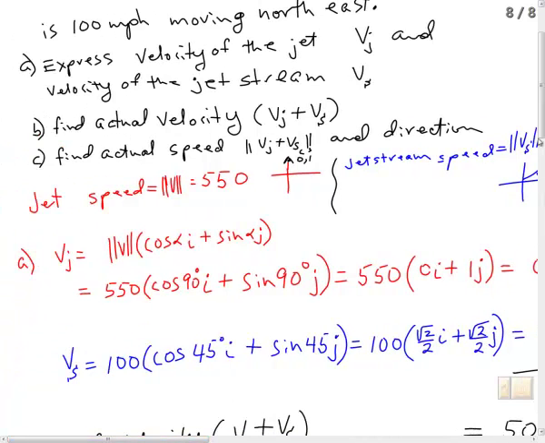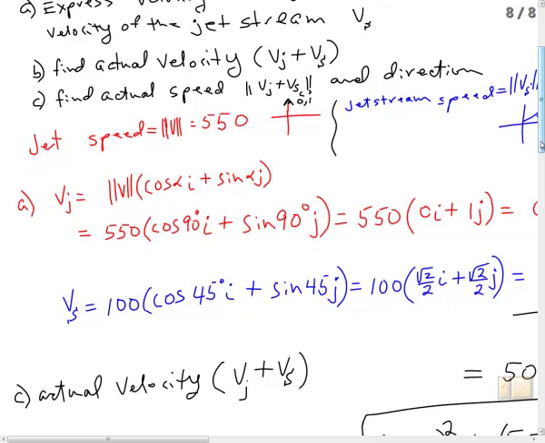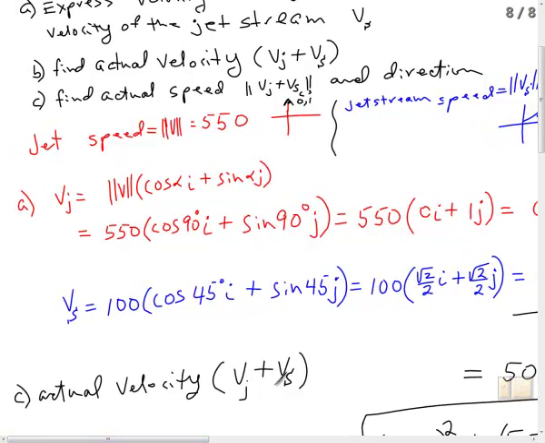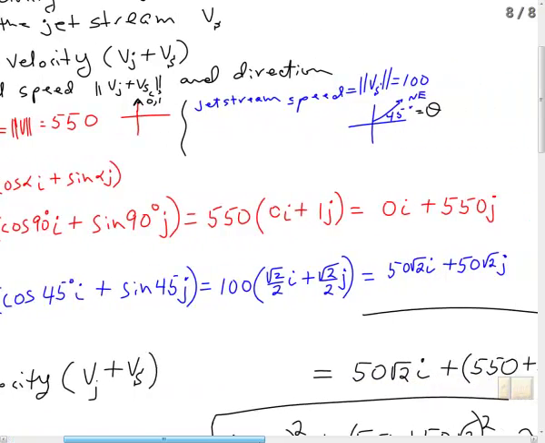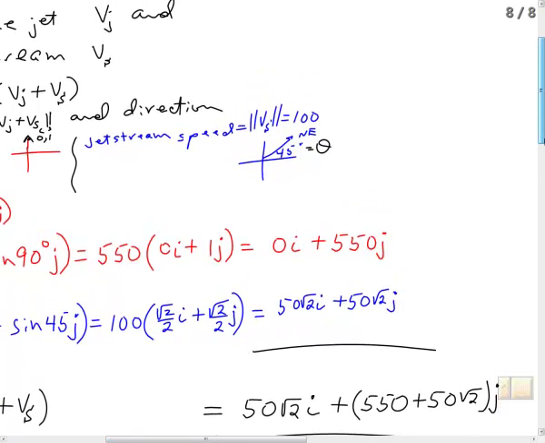Alright, now what we want to do is find actual velocity, also known as true velocity, or velocity in relation to the ground. And that is where we're going to take these two velocities for the jet and for the jet stream, and we're going to add them together. Now I like to add the vectors vertically, which I just think seems to work better for students. So 0i plus 50 square root 2 i, that would just be 50 square root 2 i.